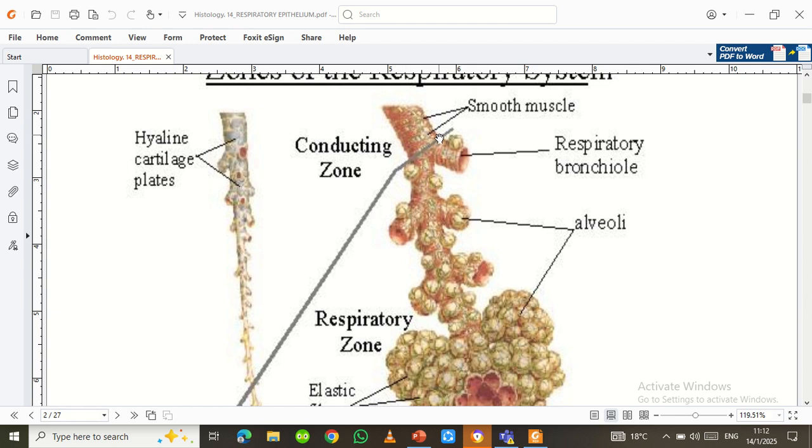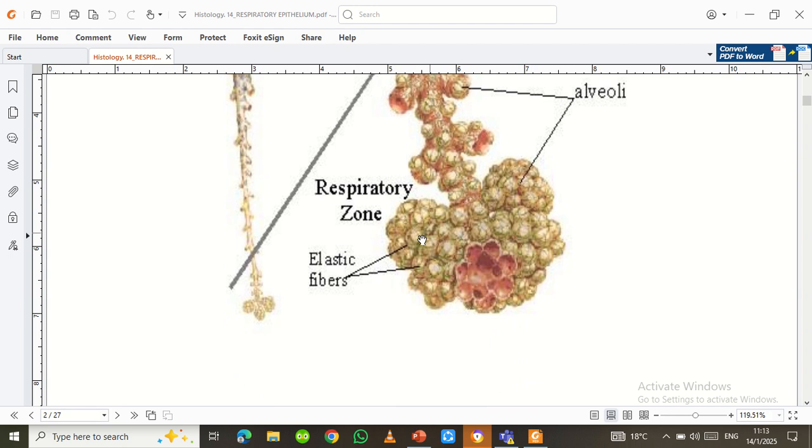But as you go below this line, you can now see these outpocketing sacs. These are your alveoli. So these are now your respiratory bronchioles. That's where your respiratory zone begins, and it goes up until we form the alveoli.